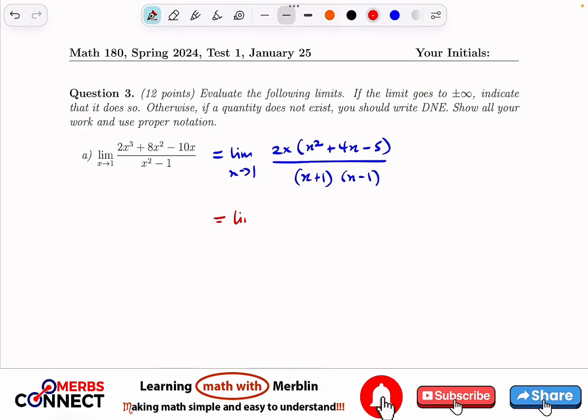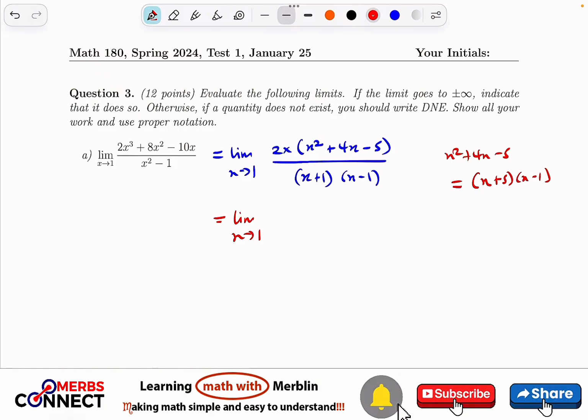So we are going to have the limit as x approaches 1. Now x squared plus 4x minus 5 is the same as x plus 5 times x minus 1 when you use factorization. So we are going to have 2x, x plus 5, then x minus 1 divided by x plus 1 and x minus 1.